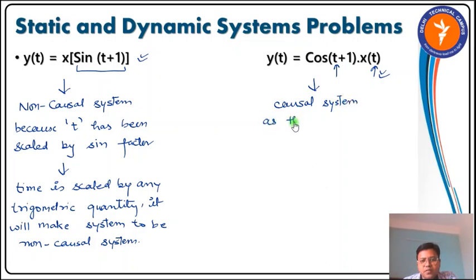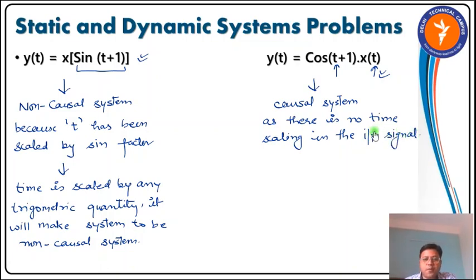The system is causal as there is no time scaling or shifting in the input signal. Similarly, if y of t depends upon t plus 1 times x of t, then we have a factor which is depending upon time, but this is not an input.